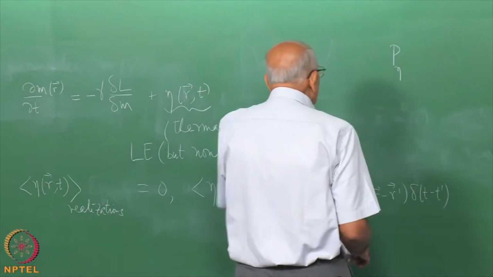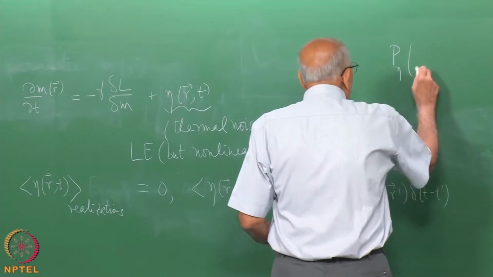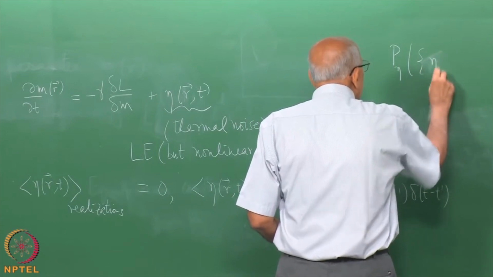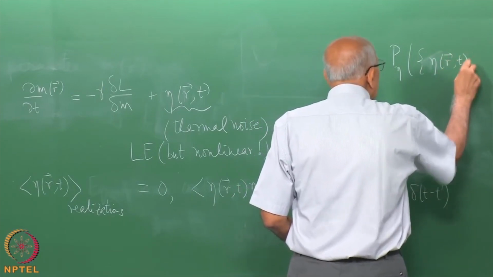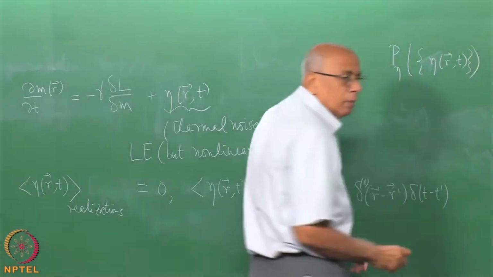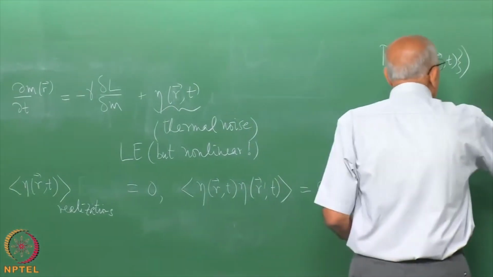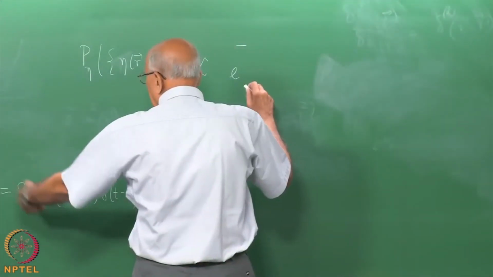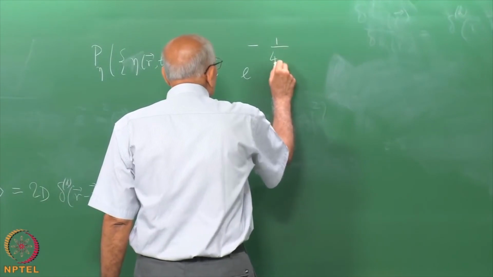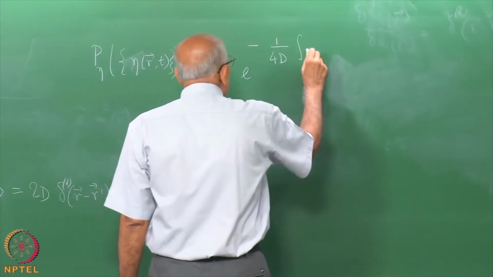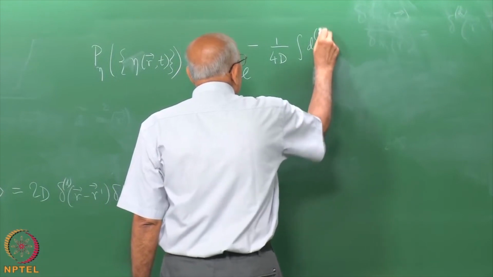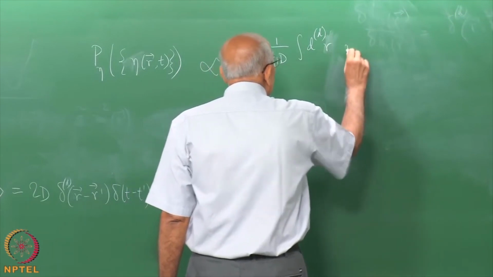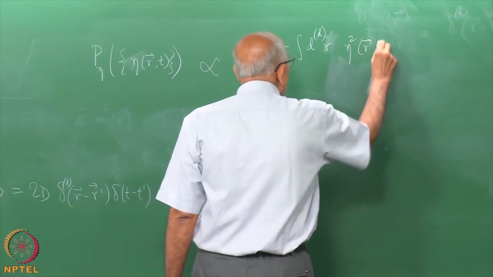So, you have P of eta of some configuration eta of r comma t. This probability is proportional to e to the power minus some variance, and because you got a 2d here you need to have 4d out here, integral d d r eta squared of r and t.